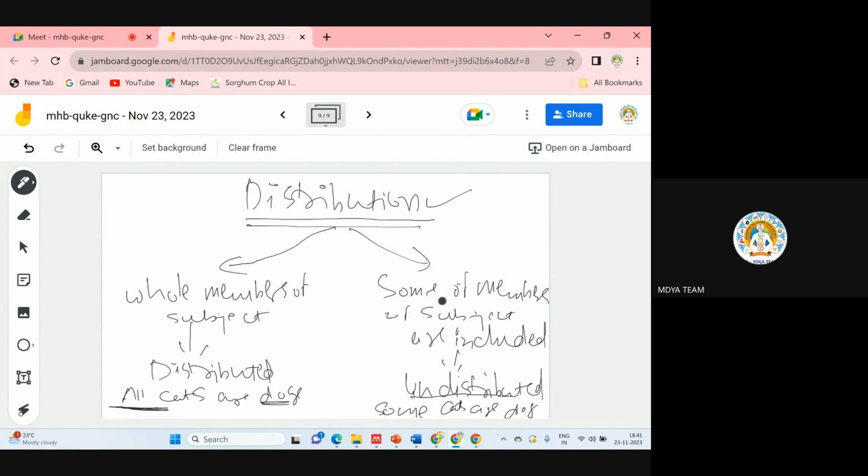When we are talking about the whole, quality can be anything, all cats are dogs or are not dogs, all cats, no cats. But if it is talking about the whole, then it is distributed. And if it is talking about some, then it is undistributed. The words all and no belong to distributed, and some belongs to undistributed.